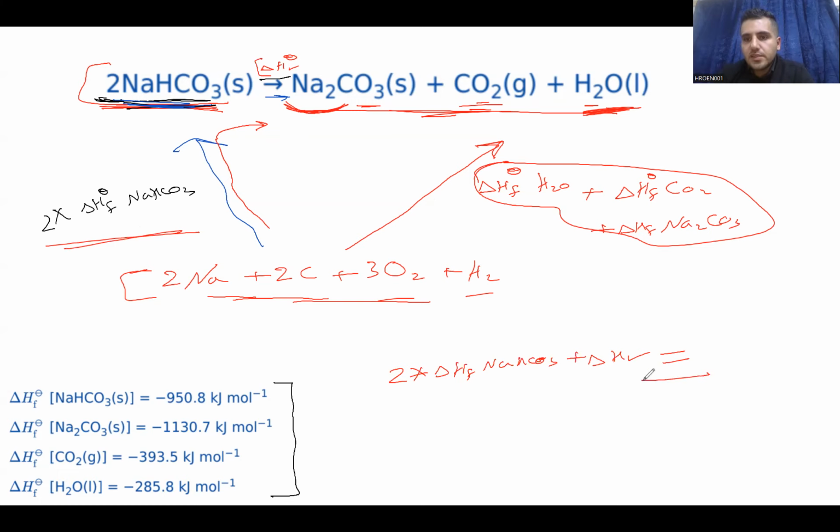Okay, we write an equal sign, and we add the values of these delta H's here. So here we have delta HF of H2O plus delta HF of CO2 plus delta HF of what? Of Na2CO3.